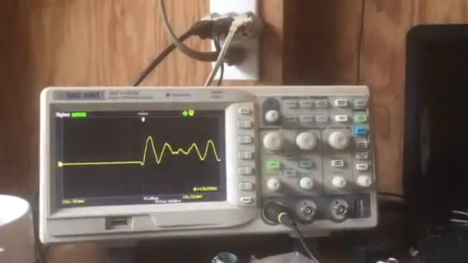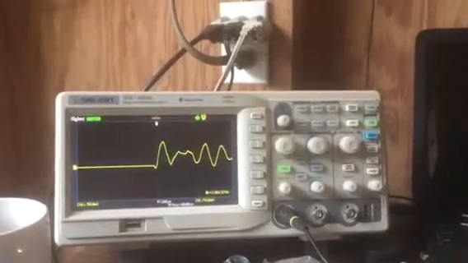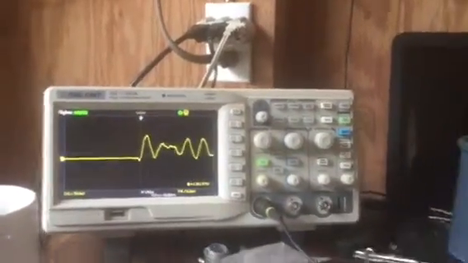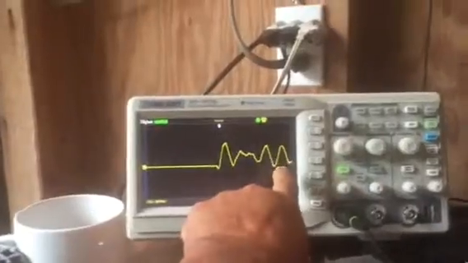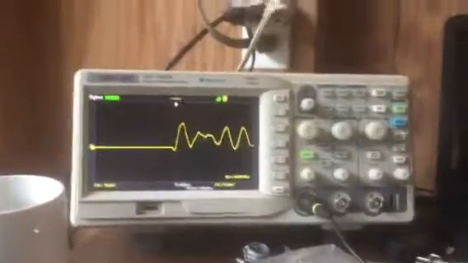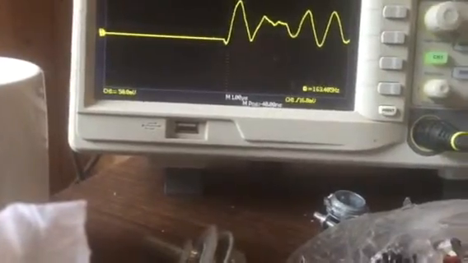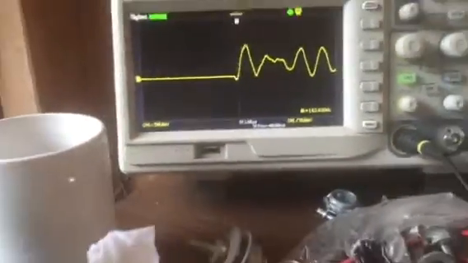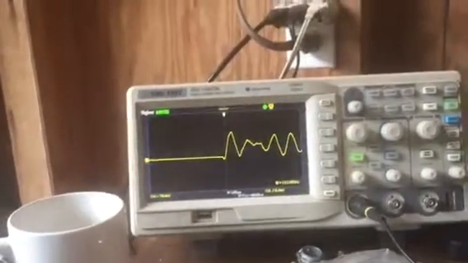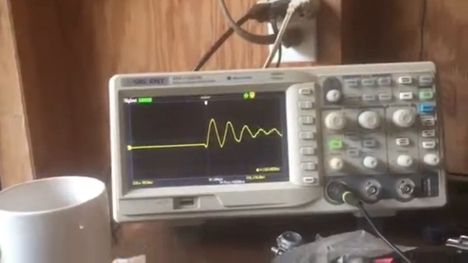Looking for the crest between two waves, right there. See how balanced out that is? 163,000 hertz. Let's move this coil around.